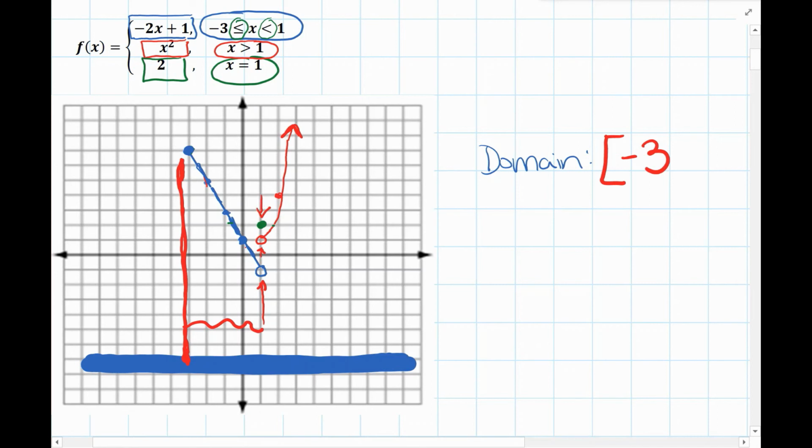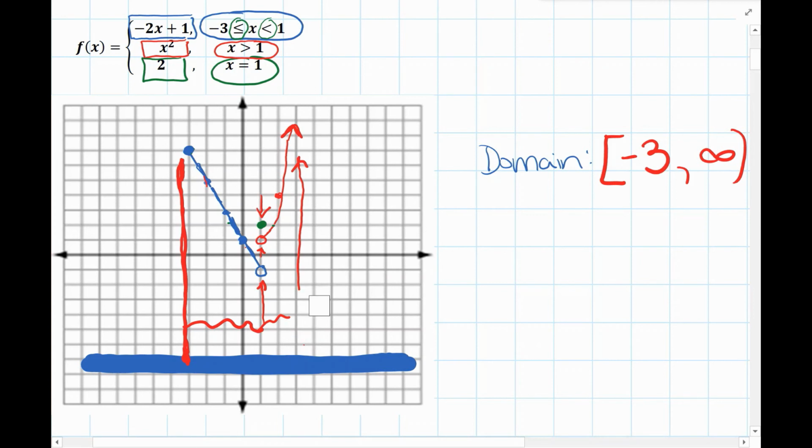So that doesn't create a gap in my interval, because there is something taking up the space where those open circles are. And so I keep going across. Now, what's the highest x value? If you notice, I have an arrow right here, and that arrow is going on forever. So my domain is going to go up to infinity.